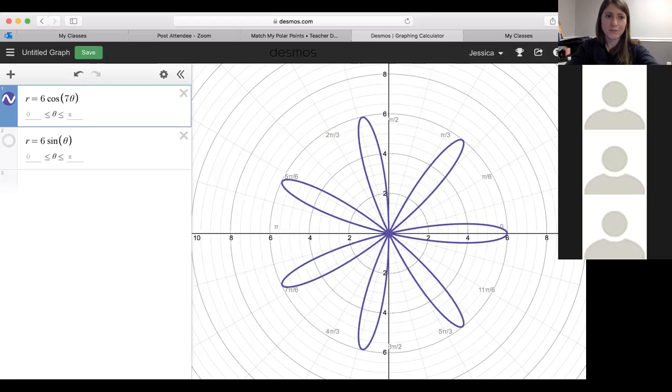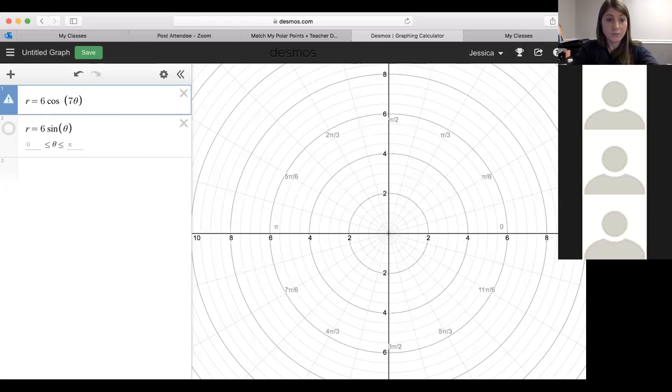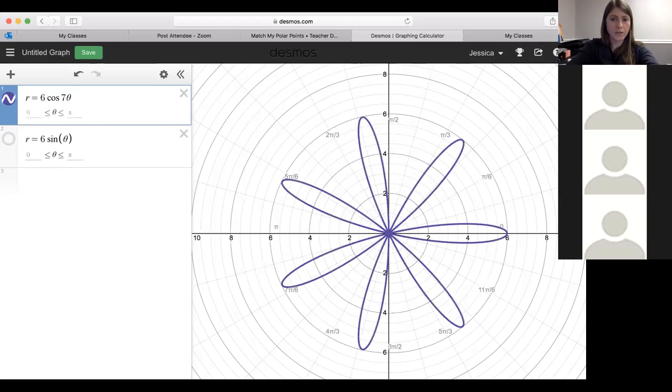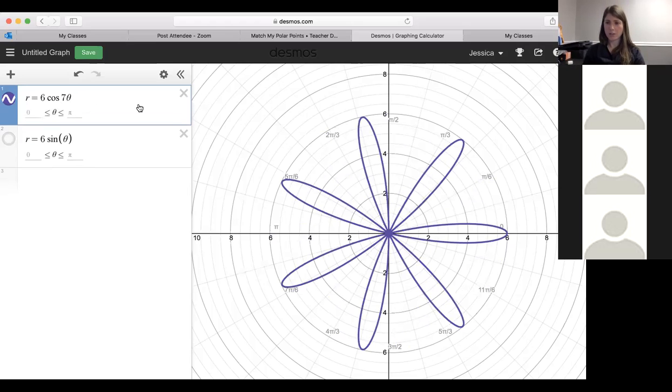Same thing when you start doing things like cosine squared and sine squared of things. Different cool things are going to happen, right? That is part of our exploration. So let me show you that. I don't want you to get too worried about analyzing why it looks like this. I want to make sure you understand the basic theta equals the line, and then you think about analyzing the r equals.